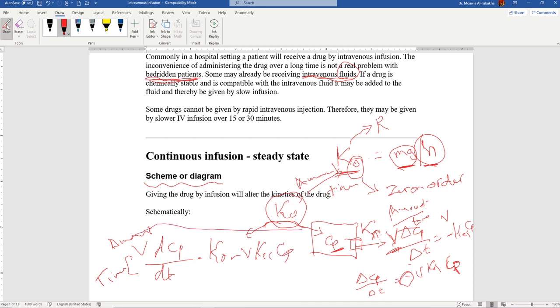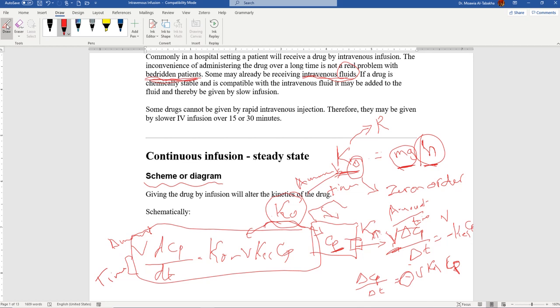This is your differential equation that you should be able to write based on this scheme. Your differential equation will be V dCp divided by dt equal to K0 minus V KEL Cp.